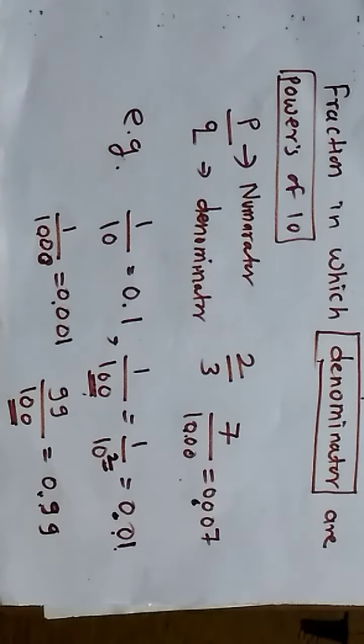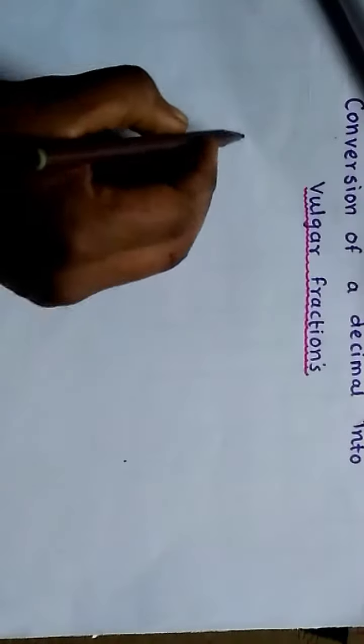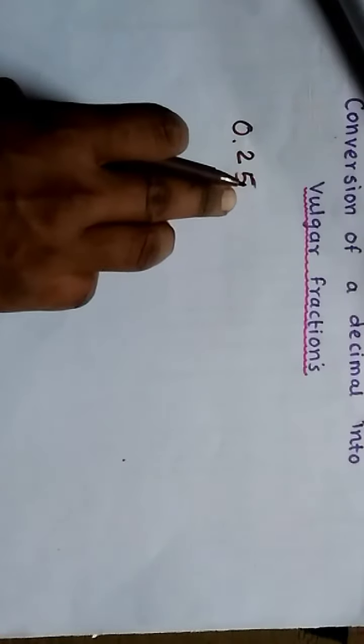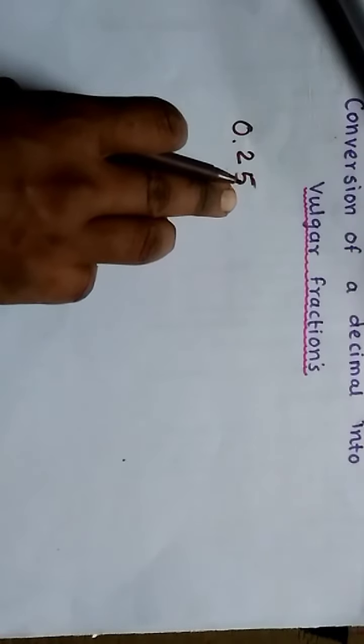Next topic is conversion of decimal into vulgar fraction. First we discuss what is a vulgar fraction. A vulgar fraction is a normal fraction. Suppose the question gives 0.25, which is a decimal fraction. Convert this decimal fraction into a vulgar fraction.